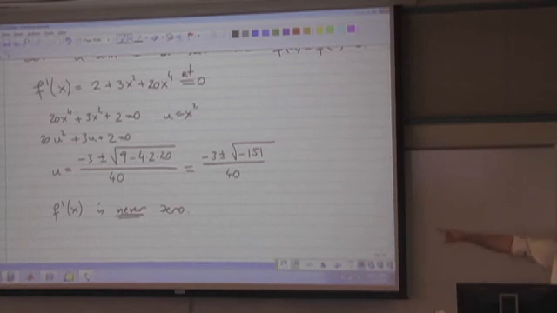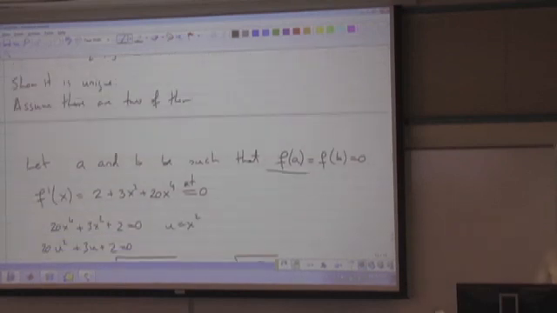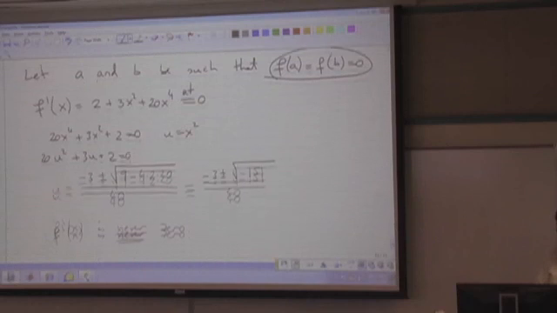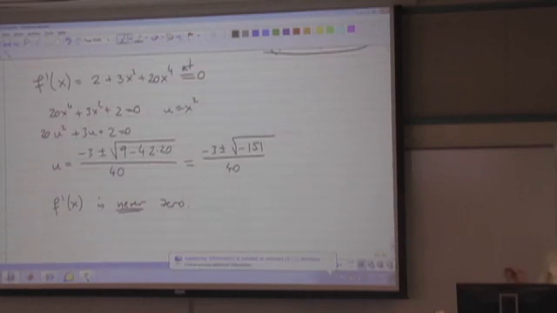Rolle's theorem says there is a point. Right? But we found none. So that can only mean that that can't happen. Is this making sense? So there are no roots, or is there still one?